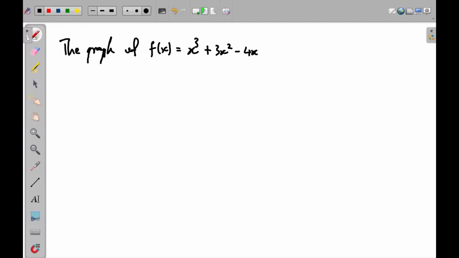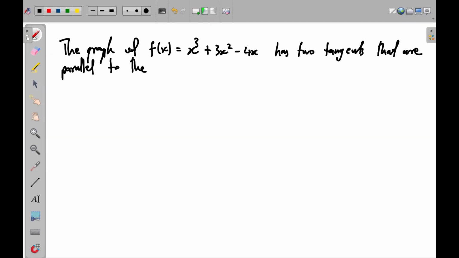This graph has two tangents that are parallel, and that's your keyword right there, parallel to the line. The line is y minus 5x plus 7 equals 0. And obviously, the classical question is: determine the equations of both tangents.